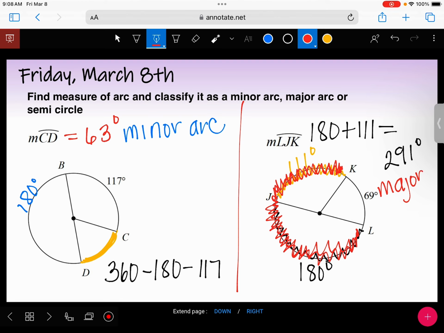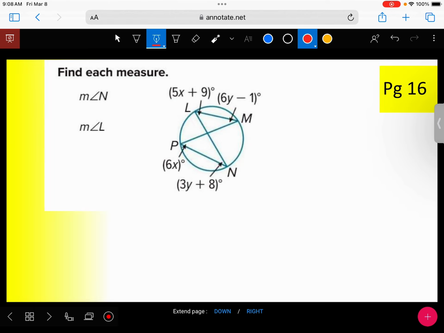All right, so now let's go ahead and take out your notes, your yellow packet. And we're going to continue with inscribed angles, which is what we started on Wednesday. So we're on page 16.